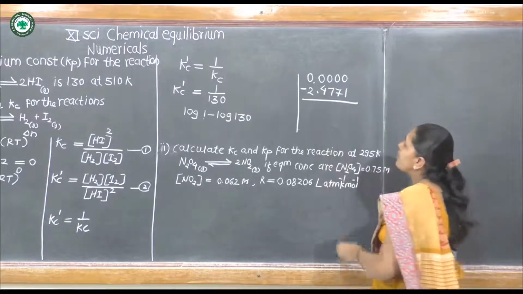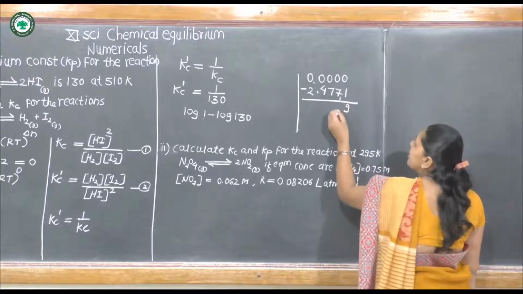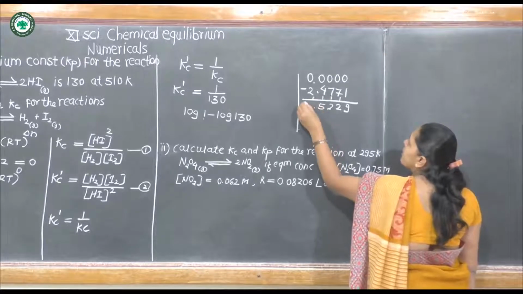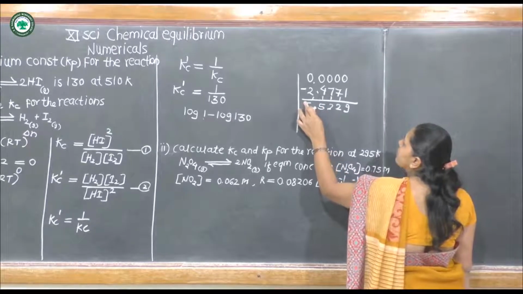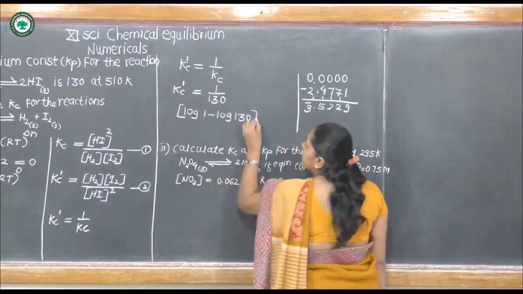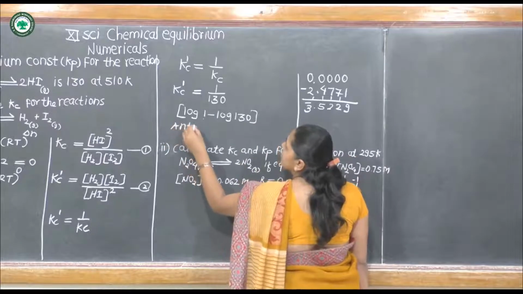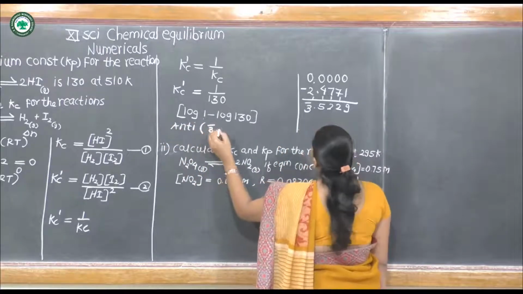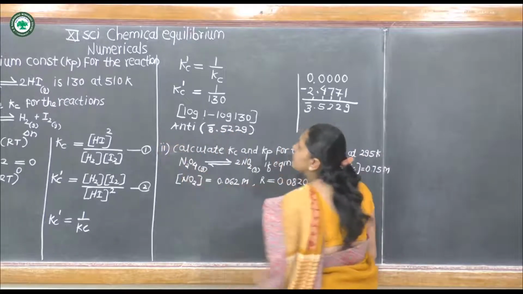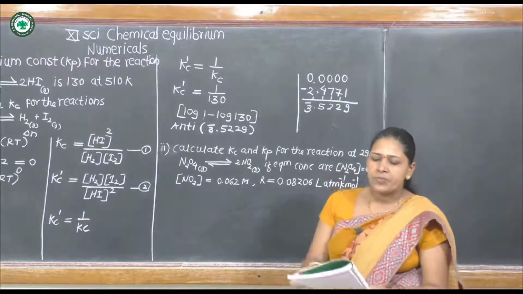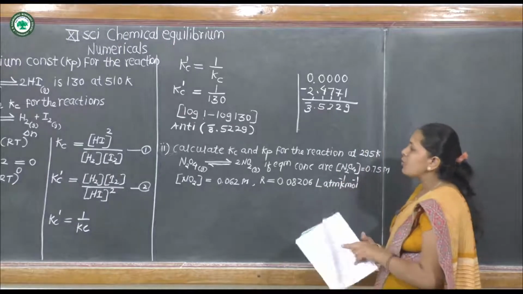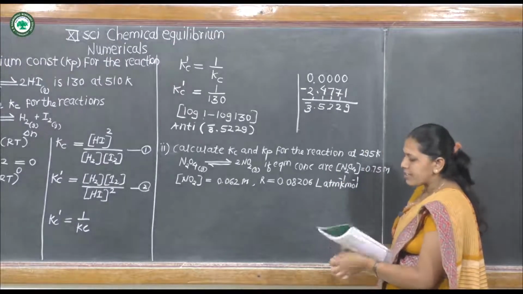By subtracting we get 9225, bar 3. Then antilog of 5229 is 52, antilog of 52 into 2, and in mean difference 9.